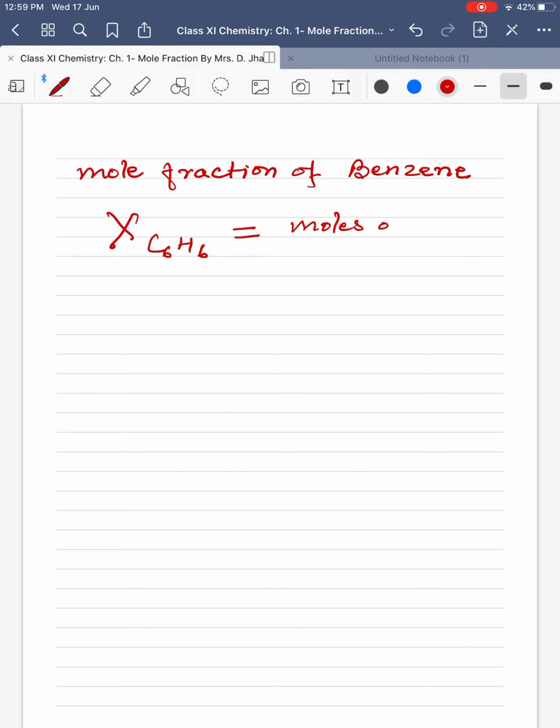Now the mole fraction of benzene is equal to the number of moles of benzene divided by moles of benzene plus moles of carbon tetrachloride.